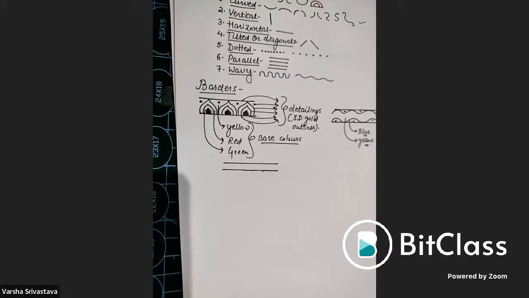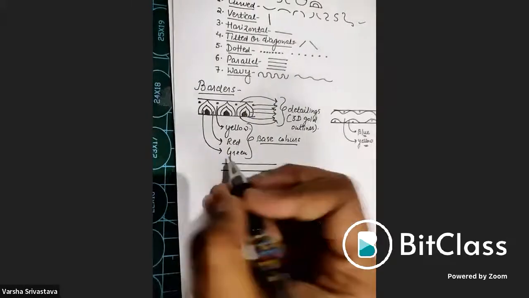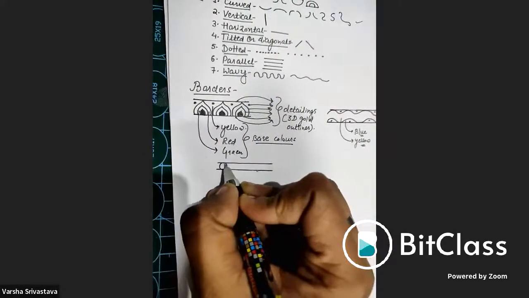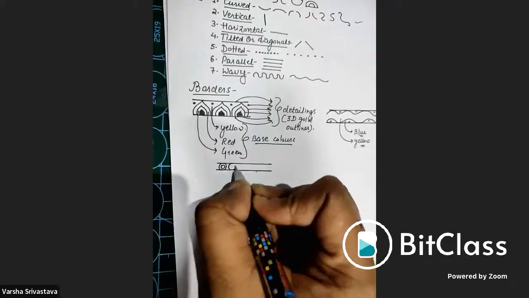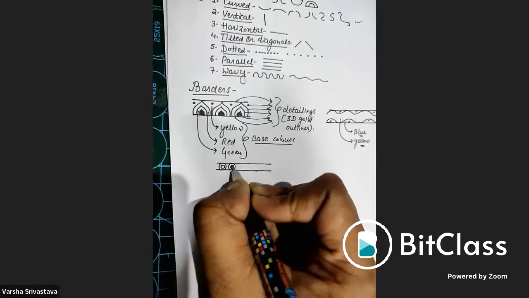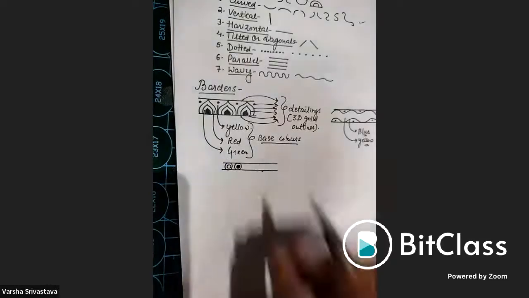If you're coloring the background with dark color, the front patterns will be of light color. If you're coloring the background with light color, the front patterns will be of dark color. That's it. So I'm going to make the hollow circle with the hollow circle and hollow circle with the solid circle. Hollow, hollow, hollow, solid.